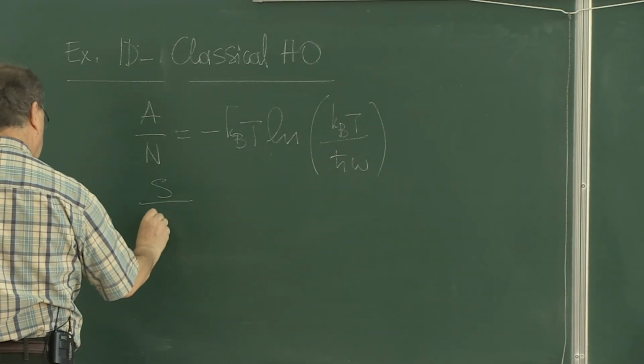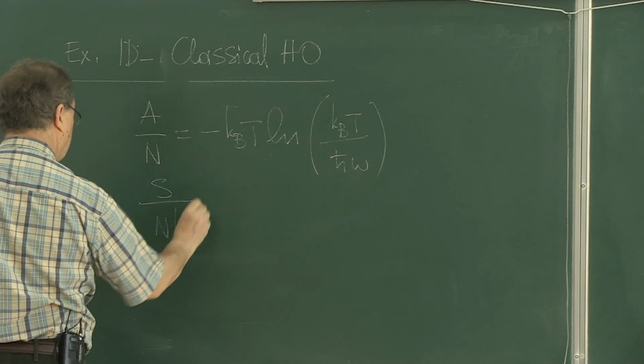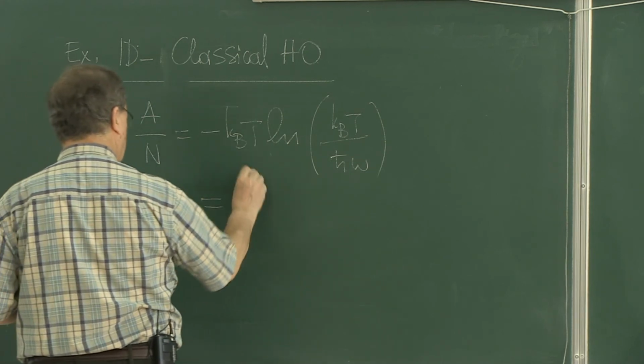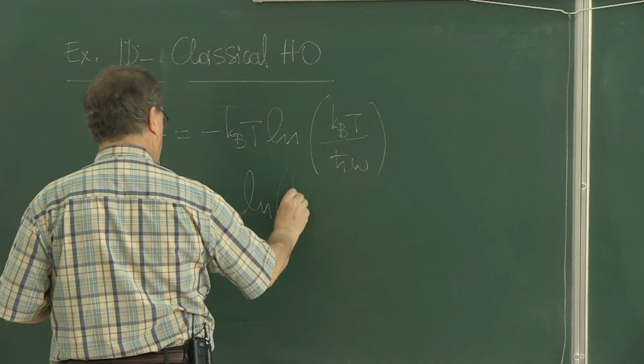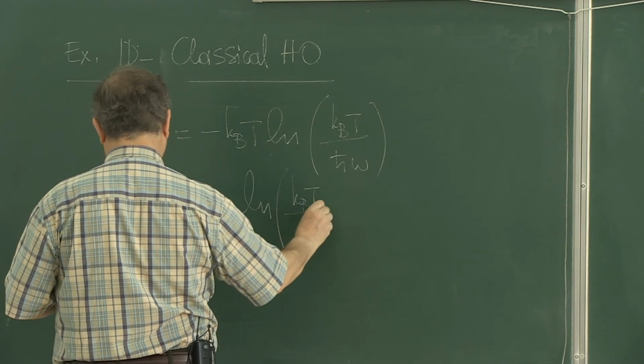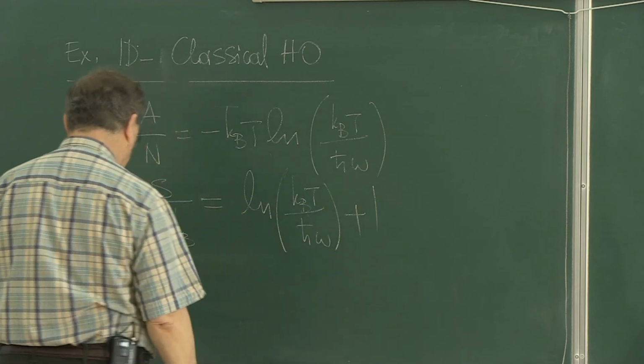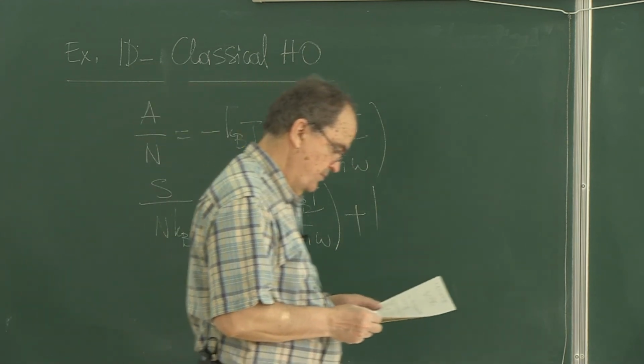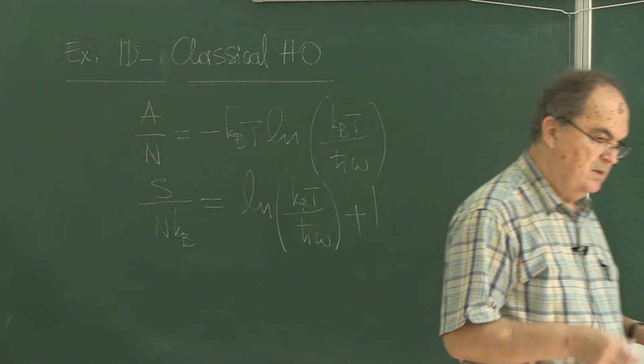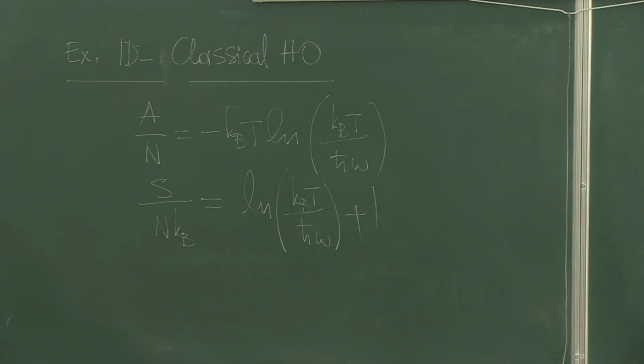Entropy in units of N kB, check these, is ln of kBT over h bar omega plus 1. These are the canonical results, canonical ensemble results. So everything comes out.